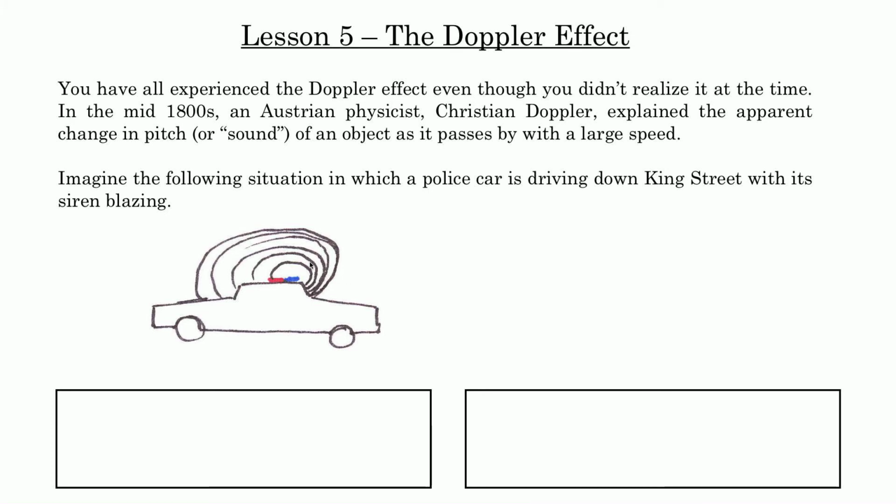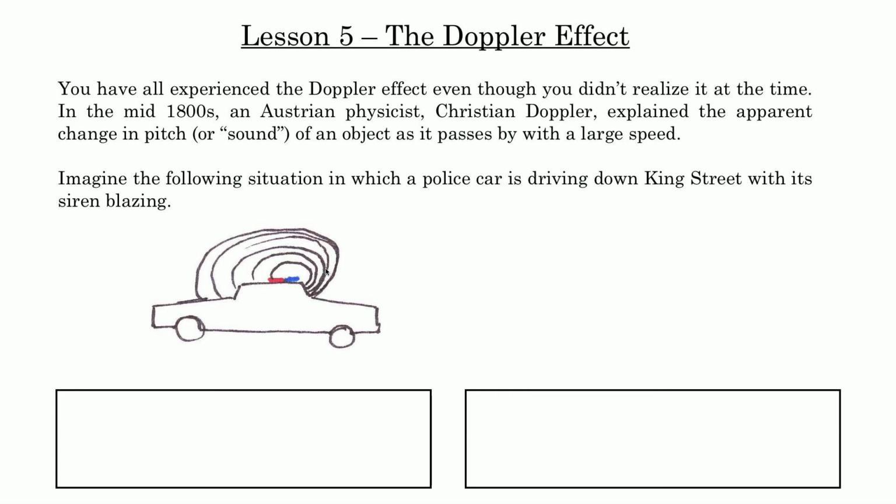It's not quite like breaking the sound barrier, because this police car isn't going anywhere close to the speed of sound. However, its wave crests, because of its movement, still tend to bunch. They just bunch a little bit instead of a lot. When it's going closer to the speed of sound, these would bunch up and eventually create the sound barrier. Here, we're not going that fast, so they're not bunching quite as much.